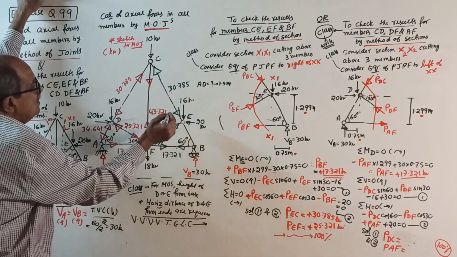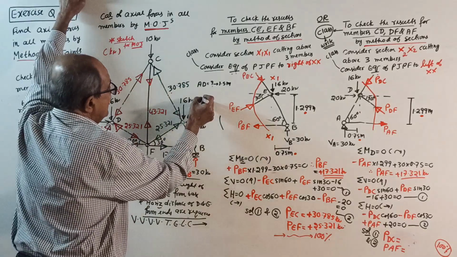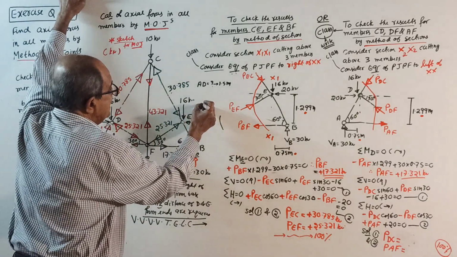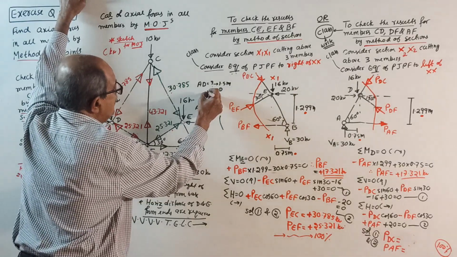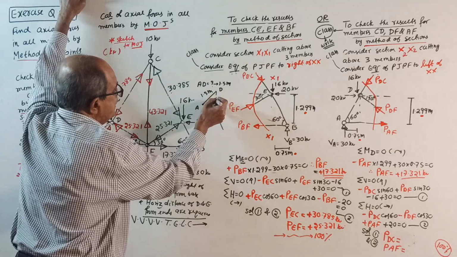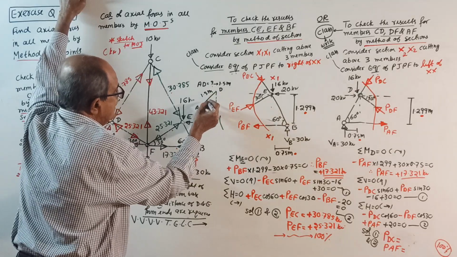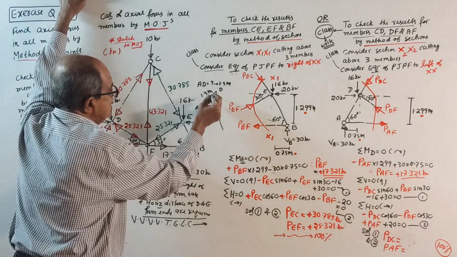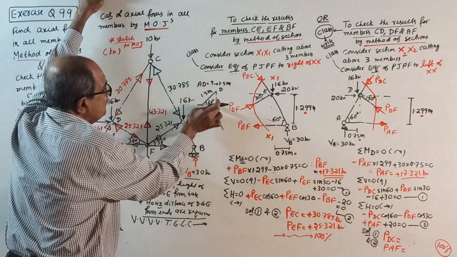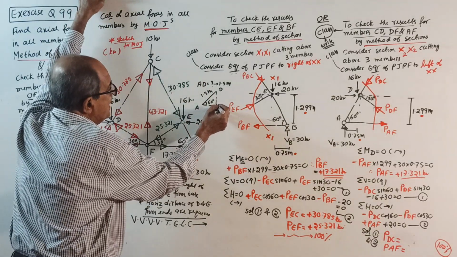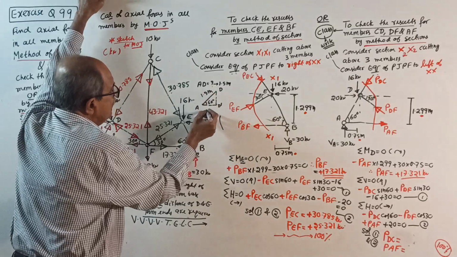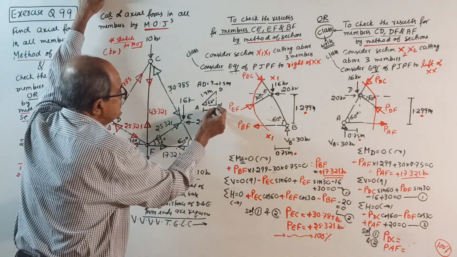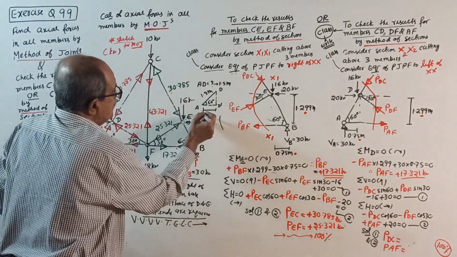See, that is A, and D, which you just now got as 1.5 meter. Draw a vertical line and a horizontal line. This angle is 60 degrees. Now write cos 60 equal to AD dash by 1.5, calling the foot D dash. AD dash will come how much?